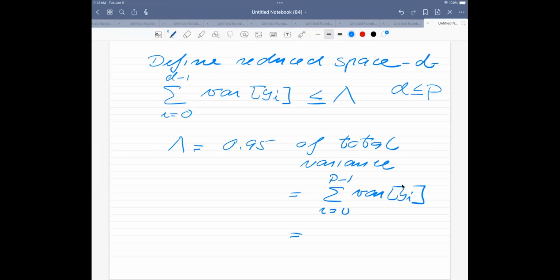And that is the same as the sum from i equal to 0, when we use the singular value decomposition, of sigma i squared divided by n. So the standard way of performing the singular value decomposition is actually to set up the covariance matrix. You diagonalize it, and then you look at the eigenvalues, or the singular values as they're called, which are again the same as the covariance.